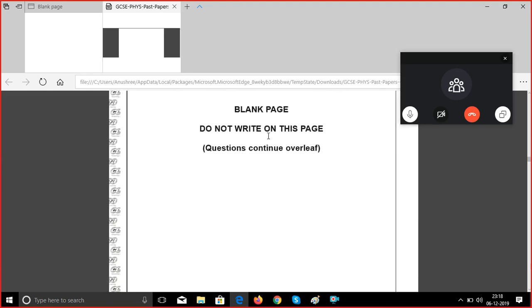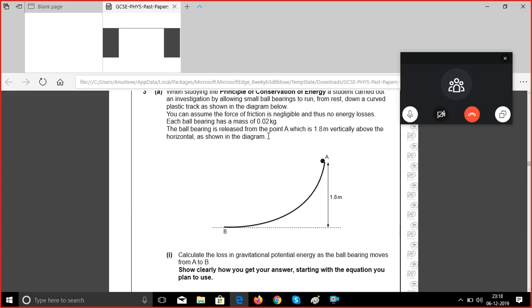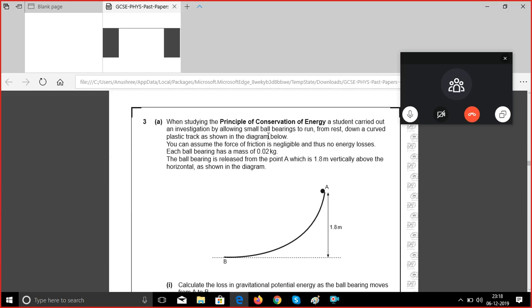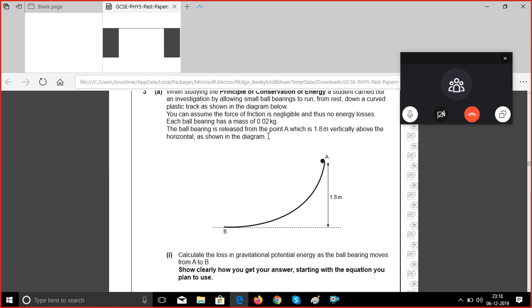So next question. 3A. When studying the principle of conservation of energy, a student carried out an investigation by allowing a small ball bearing to run from rest down a curved plastic track as shown in the diagram below. You can assume the force of friction is negligible and thus no energy losses.